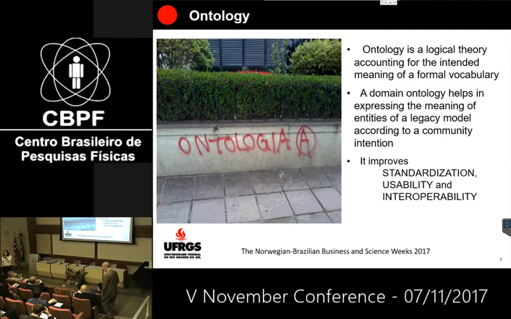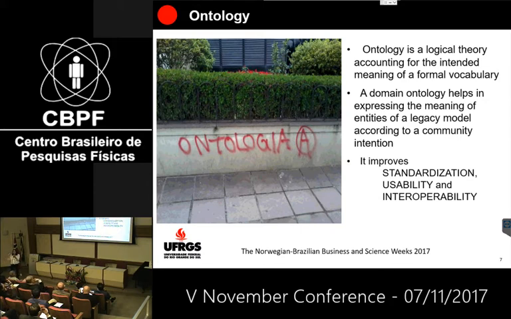This is exactly what ontology is. It's a theory that helps you to express this map in a formal way. So when you use this theory and you create this representation, you have a domain ontology. So what is the domain ontology?